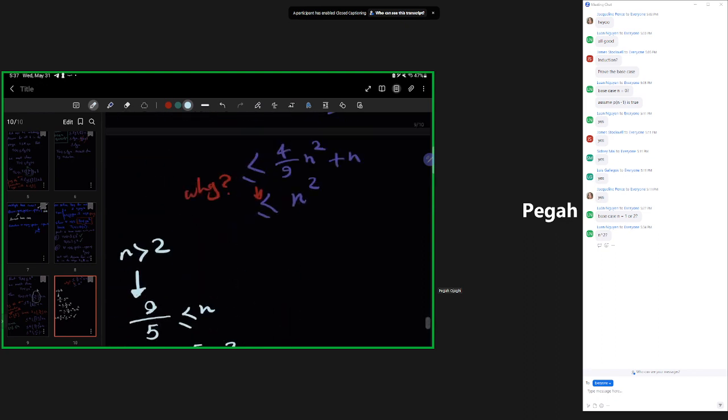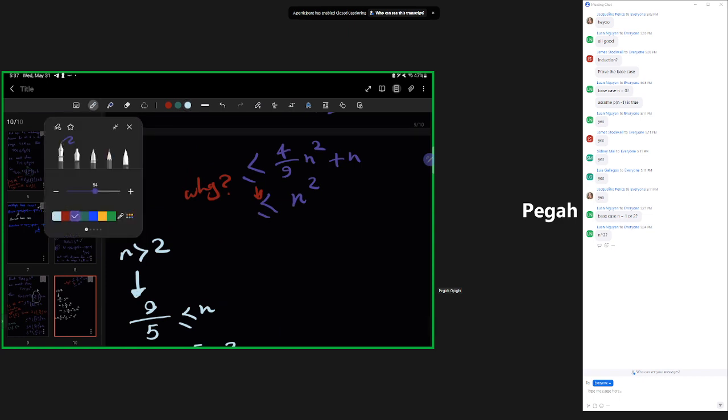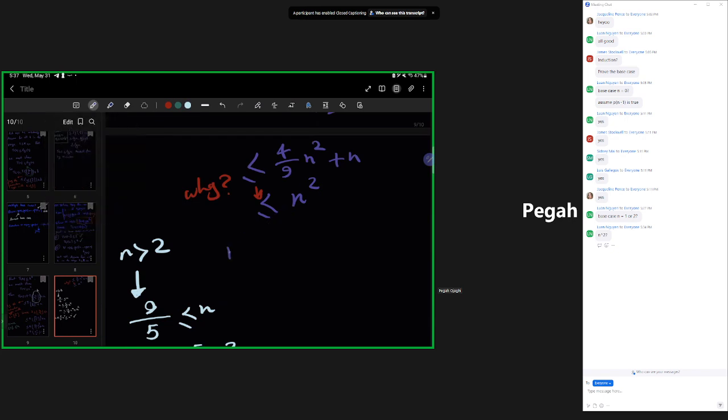I just consider this one, and this is going to hold. So now I do show this is working. So by induction, that's what I'm going to write. It's proved by induction. And what I'm going to say is t of n is less than n squared.